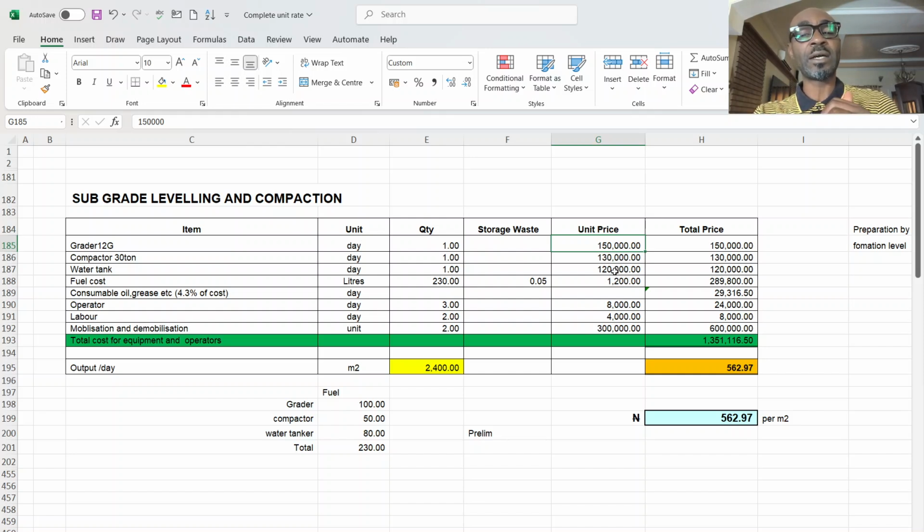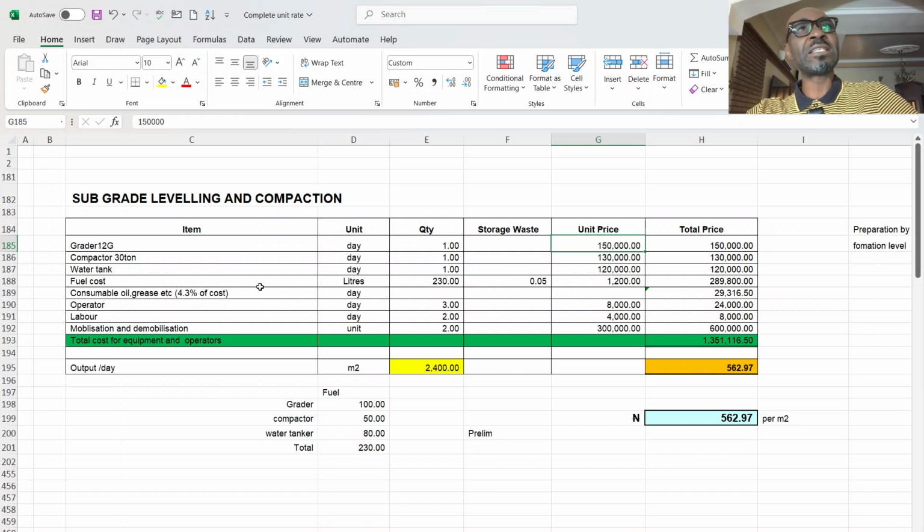Then you have to know the consumption of the fuel for each of this equipment. For the grader, it consumes 100 liters per day. The compactor, though a heavy engine, consumes 50 liters per day. Some might want to know why it is consuming 50 liters per day.